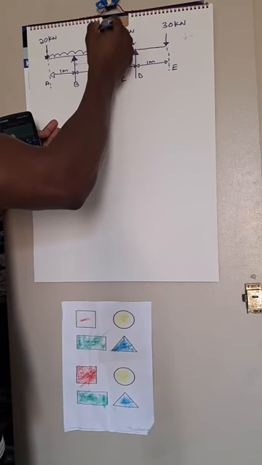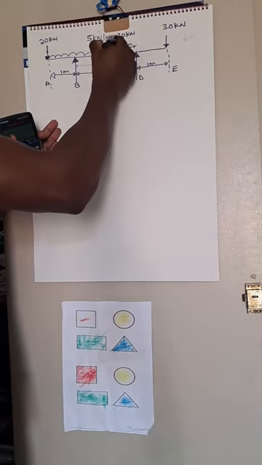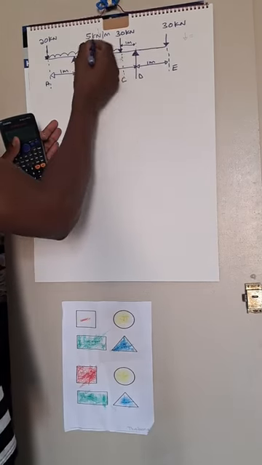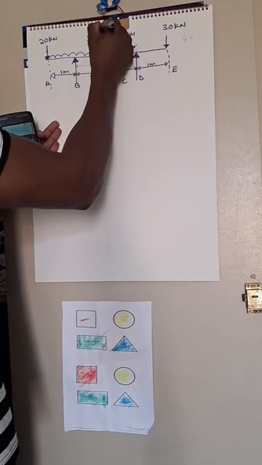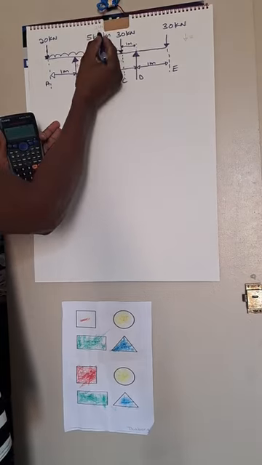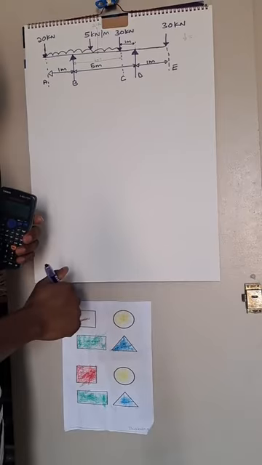So at a point like this, in between B and C, we no longer have 5 kilonewtons, we have a point load of 20 kilonewtons.